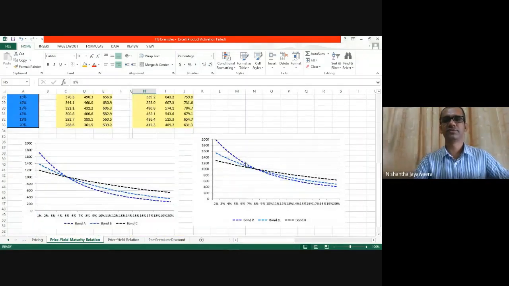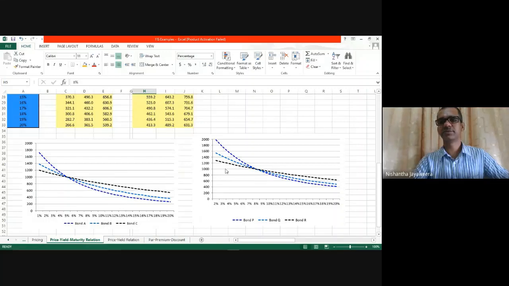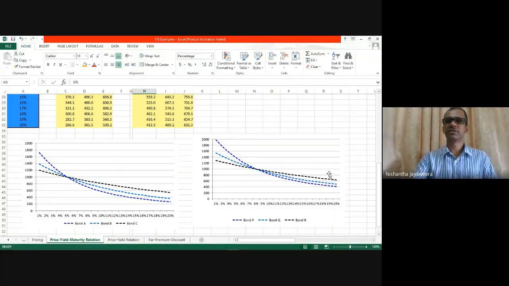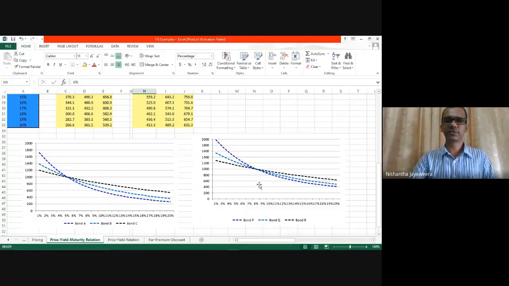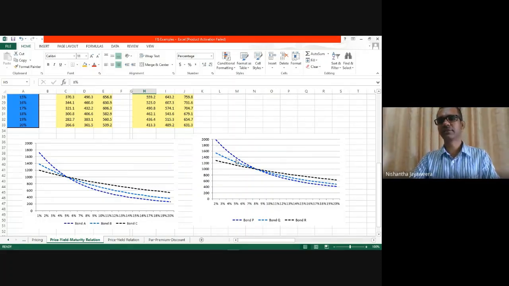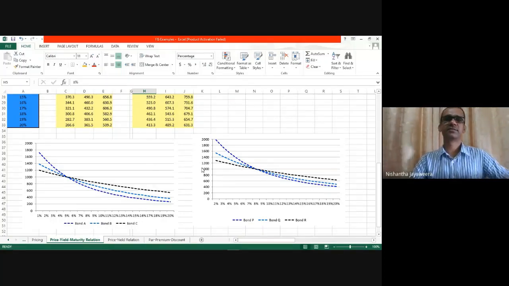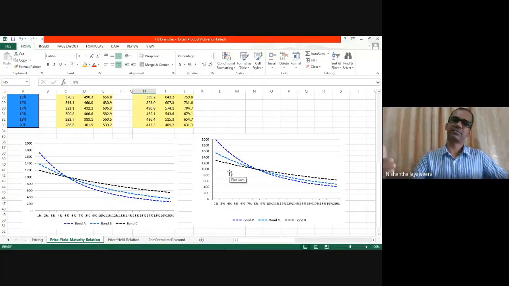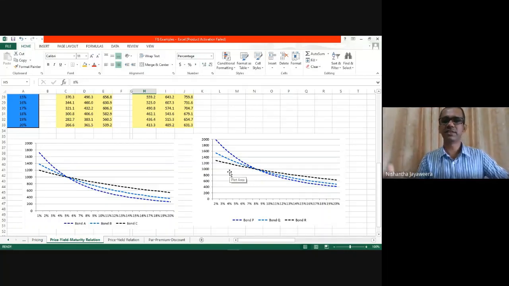Now what do you see? Still the same relationship. Longer maturity has a higher curvature. Therefore, when yield increases, the level of price decrease is decreasing.